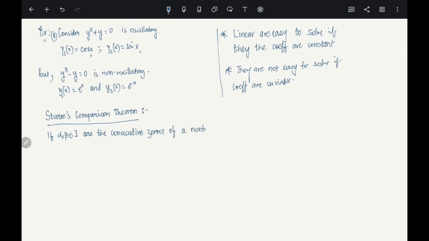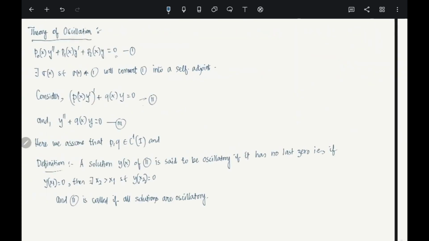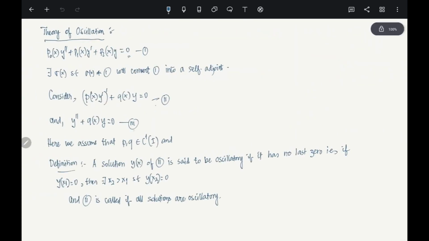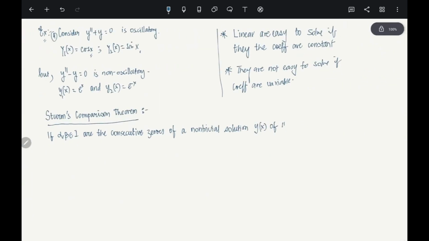Of course non-trivial, because if it is the trivial solution then every number is a zero, so it doesn't matter. So we are looking for a non-trivial solution y(x) of, please remember, equation 3, not 2. For now let's just look at 3 and then we will talk about what happens in 2.